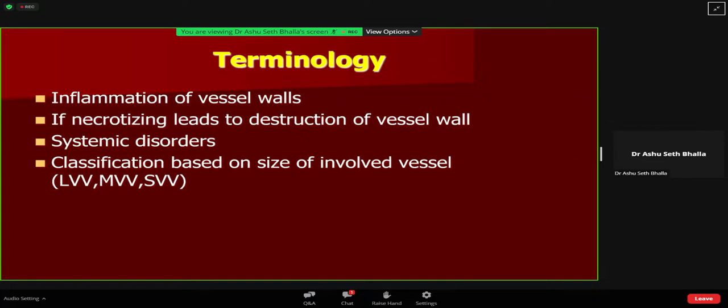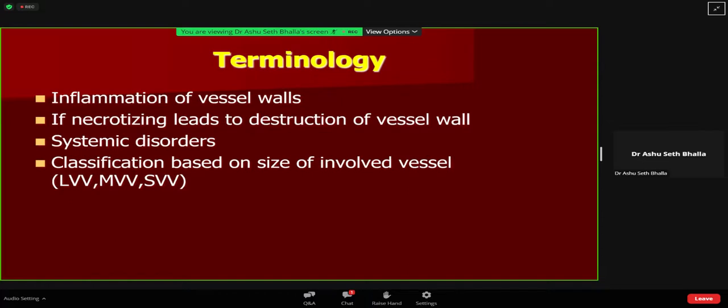When this inflammation is very necrotizing, you will see with some of the vasculitis terms being used, granulomatous, necrotizing. These will eventually lead to destruction of the walls. Any vasculitis mostly is an autoimmune phenomenon, other causes being such as infective vasculitis. So they are understandably multi-system disorders.